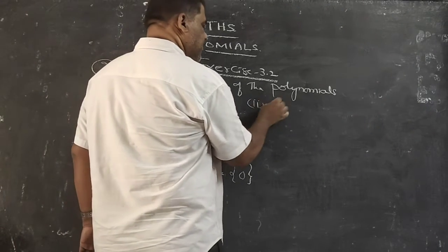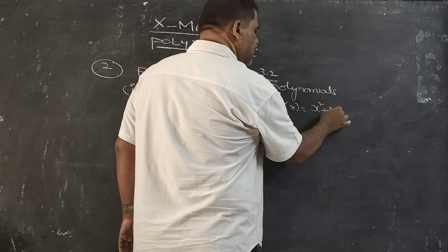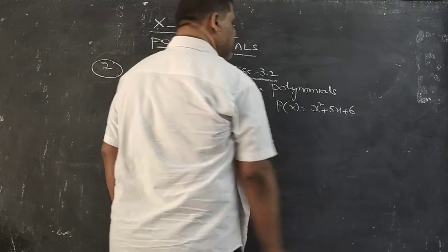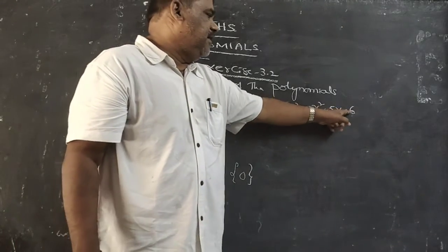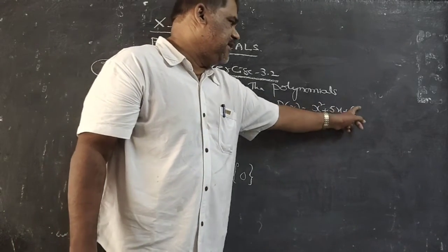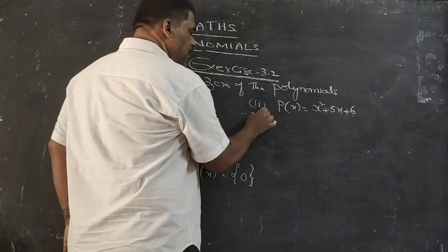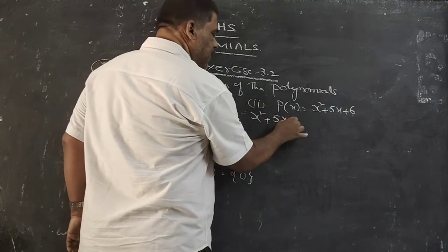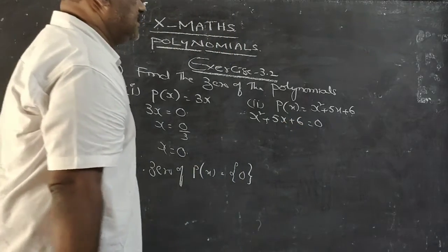Second one, p(x) is equal to x square plus 5x plus 6. Now we have to find the value of x for which this polynomial is 0. To get the zero of the polynomial, equate the polynomial to 0 first. x square plus 5x plus 6 is 0.